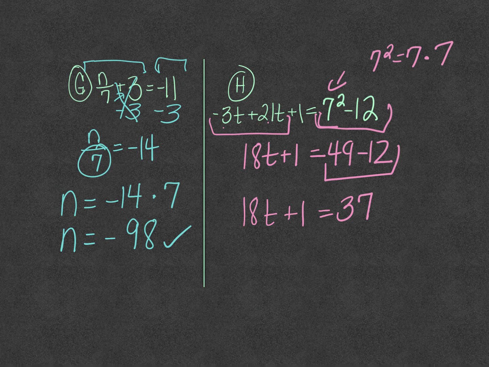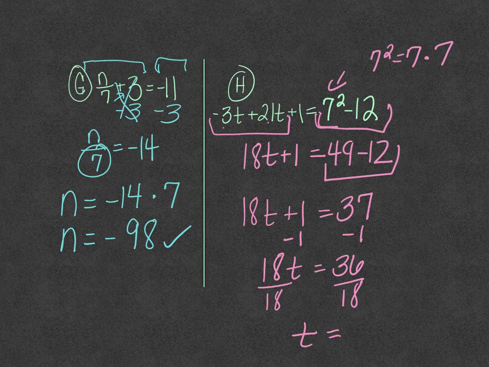Okay, now I'm going to subtract 1 from both sides, and when I do so, I'm going to have 18t equals 36. Then I'm going to divide both sides by 18, and so t is going to equal 2. 36 divided by 18 is 2, and that is your answer.